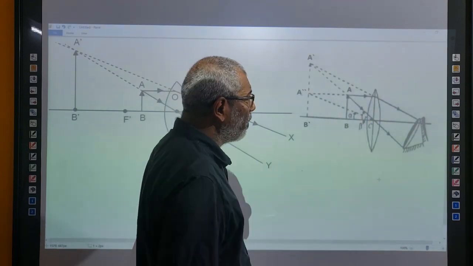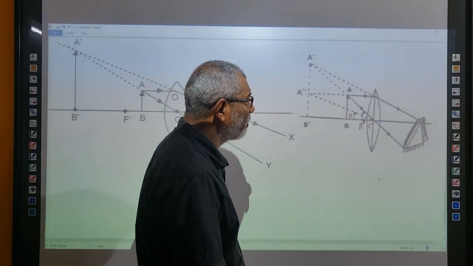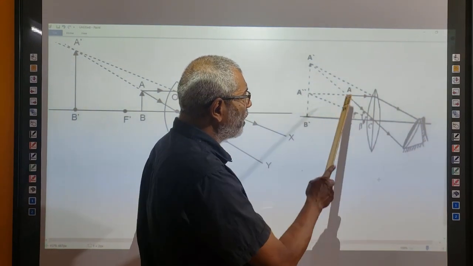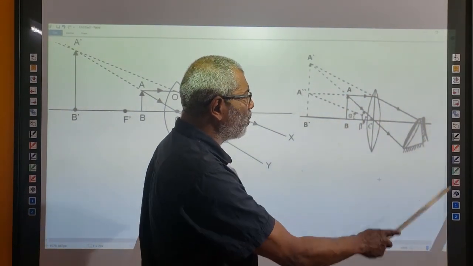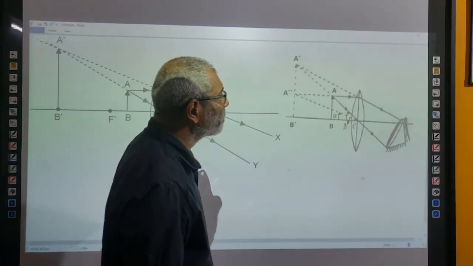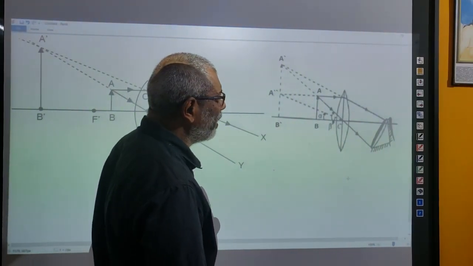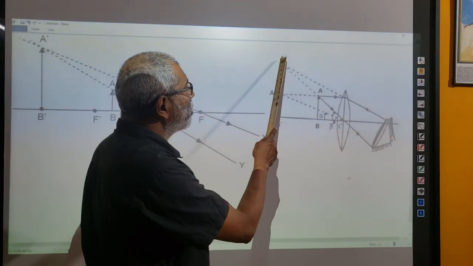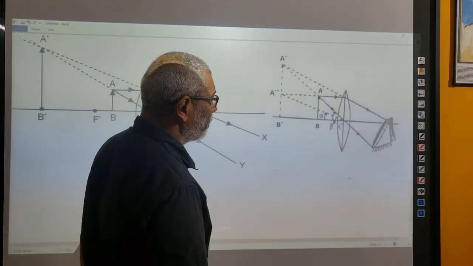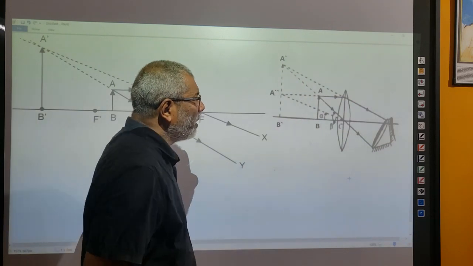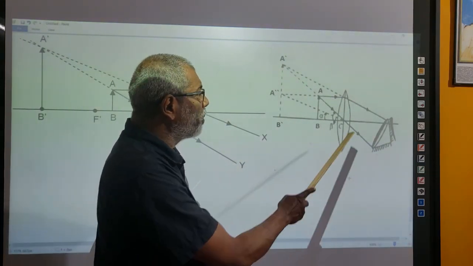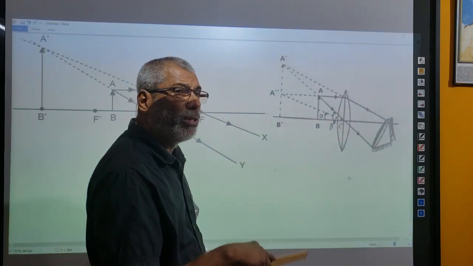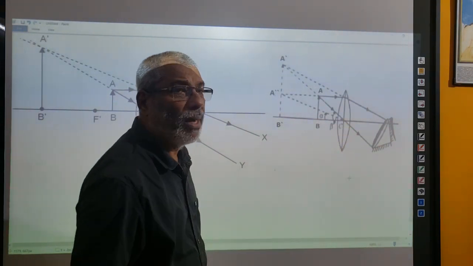A ray of light falling on the convex lens, after refraction, emerges like this, and the ray passing through the center of the lens goes without deviation. A real image cannot be obtained, but when produced backwards they meet at a point A dash. So this is the virtual image formed by the convex lens when this object AB is placed within the focal length of the lens.